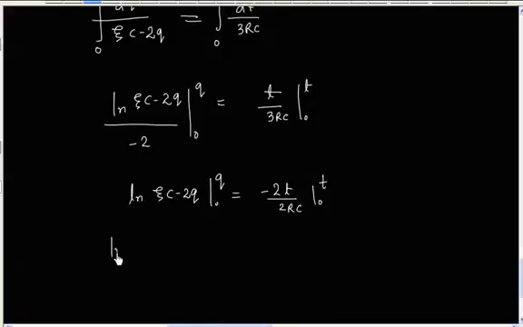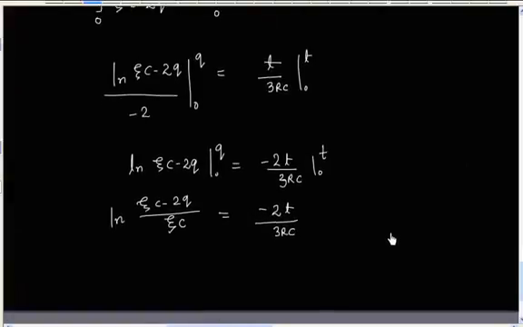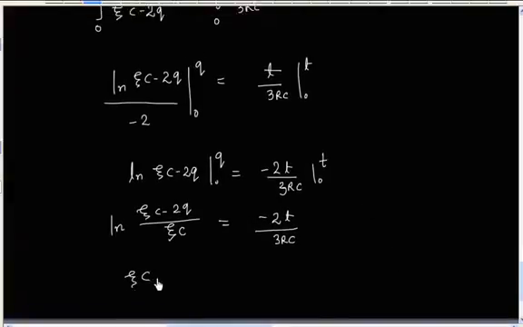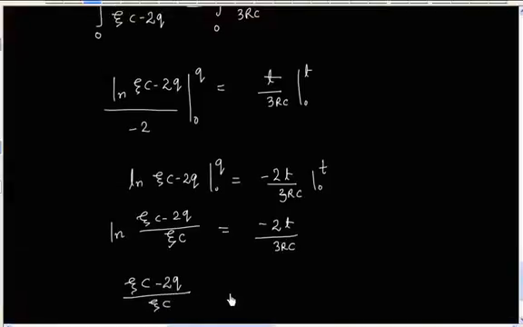So we can plug this limit, so we will have ln Xi C minus 2q, and when this is 0, this will simply become Xi C, and this is minus 2t by 3RC, not 2RC. So now we can calculate q from here, that is Xi C minus 2q by Xi C is equal to e to the power minus 2t by 3RC.